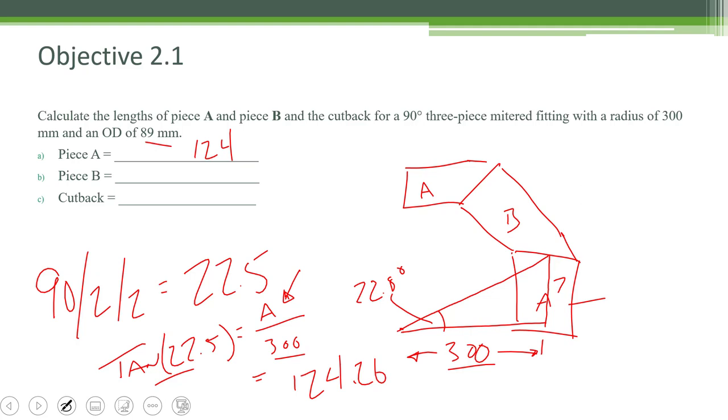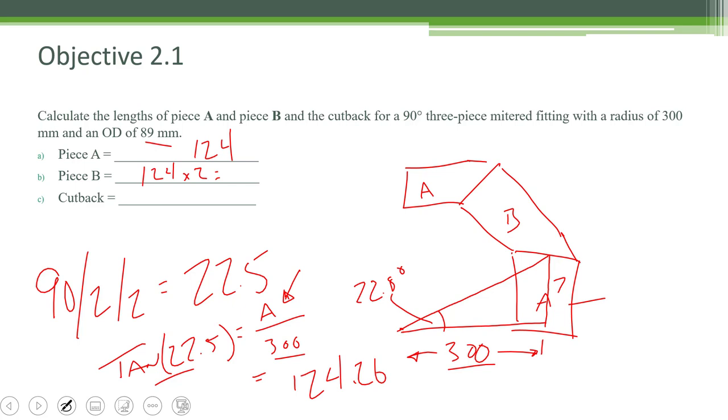Okay, remember the B's. The B's are just two A's, so I can just go 124 times 2 times 2. And, too bad with rounding. So I did not clear my calculator, and I just multiplied by 2, and I got 248.5. So that actually rounds up to 249, which is different than the book.